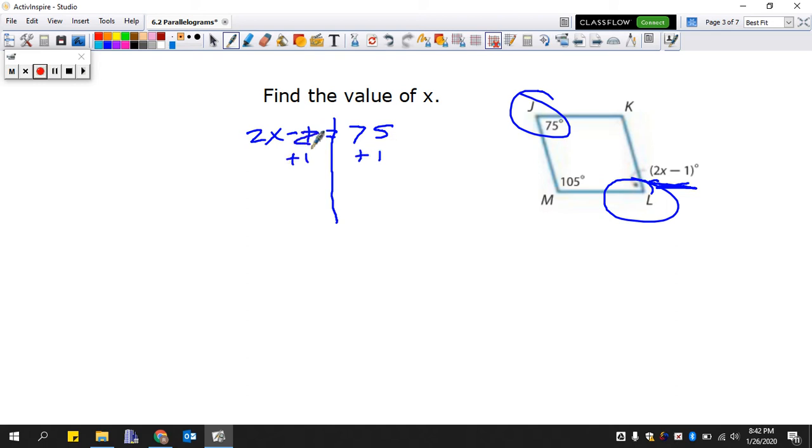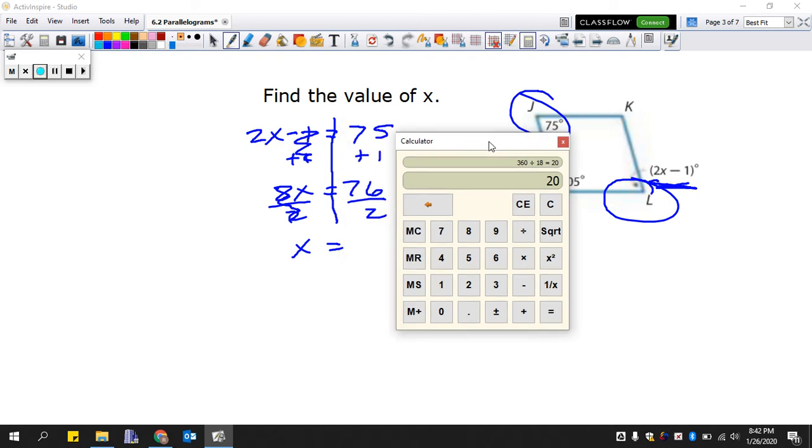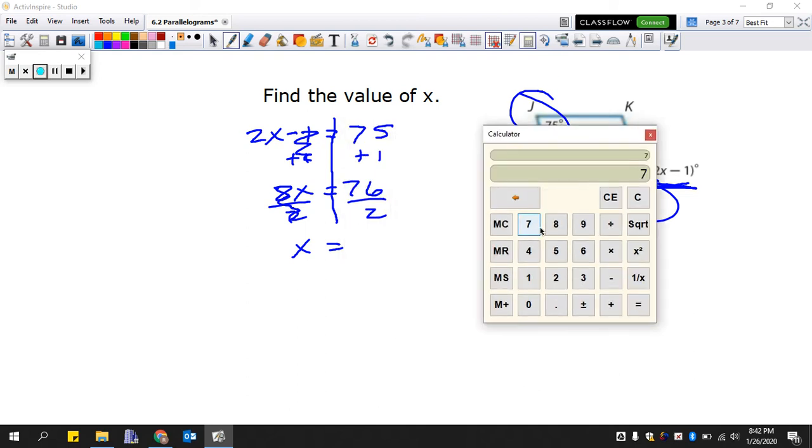We end up with 2x is equal to 76, divided by 2. 76 divided by 2, if we get our calculator, is equal to 37.5. So x is equal to 37.5.